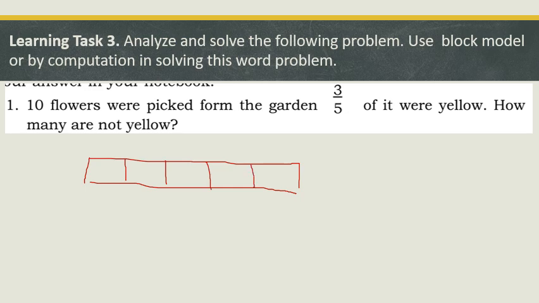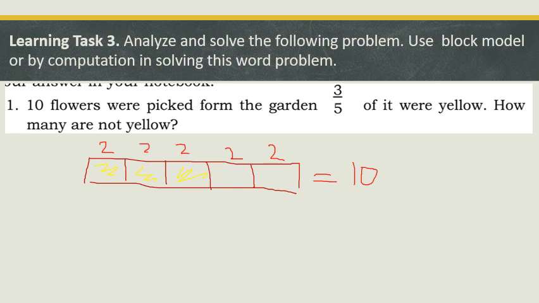So, 3/5 daw are yellow. So, 1, 2, 3. So, ito po ay yellow. So, ilan daw yung hindi yellow? So, paano natin siya gagawin? Ang kabuuan po nito is 10 flowers. So, ilan po kada isang kahon? Kung 10 lahat yan, kada isang kahon ay tig-2 para mabuo natin yung 10.